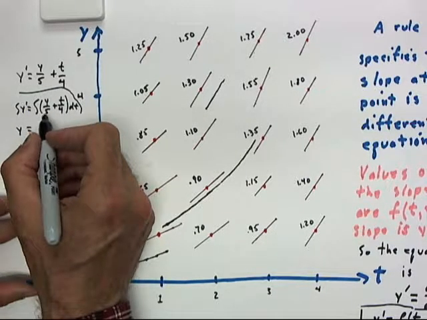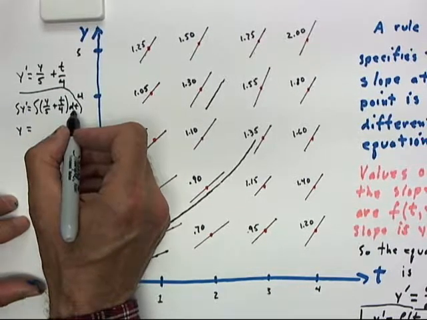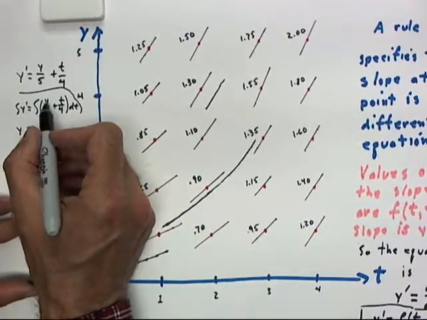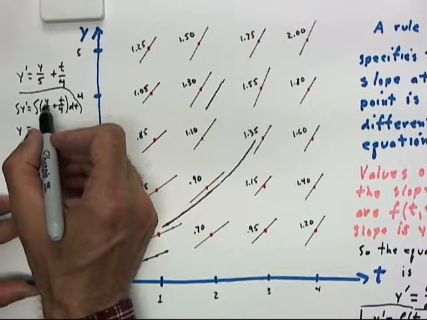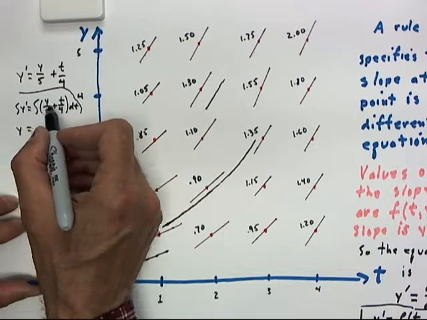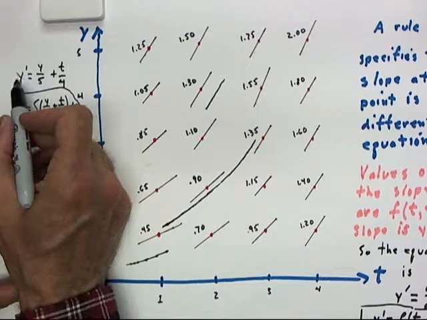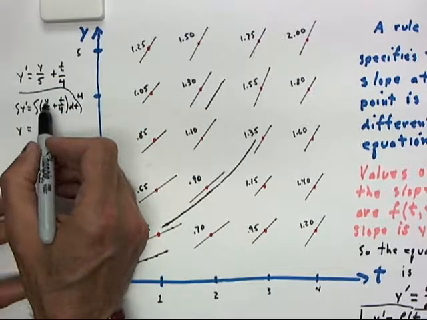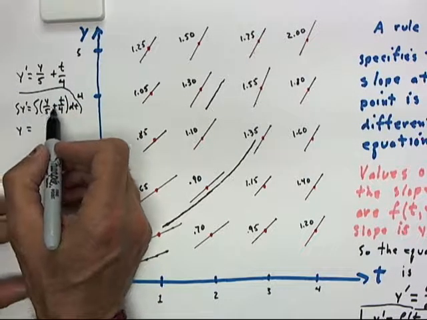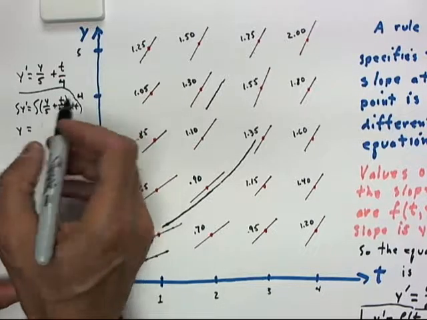Over here, we can integrate t over 4 with respect to t, but how do we integrate y over 5 with respect to t? y is a function of t, and we don't know what that function is. We know y prime as a function of t and y, but we don't know y as a function of t, so there's no way to integrate this y over 5 dt.